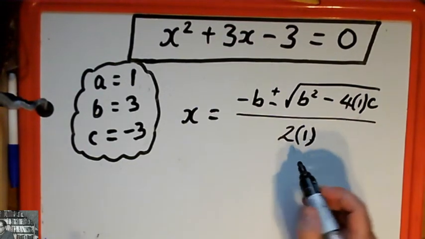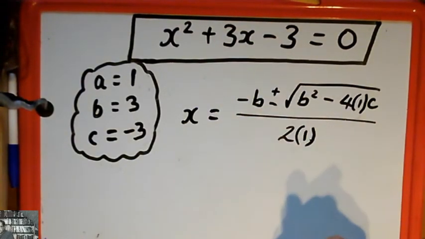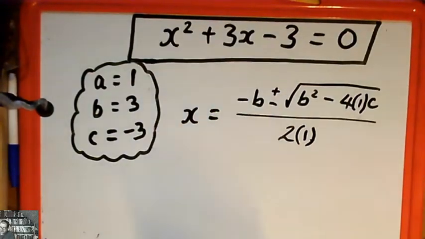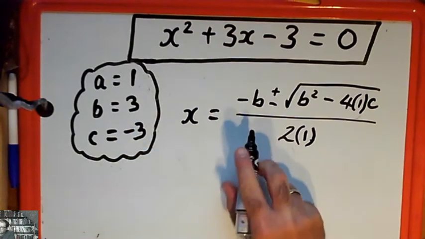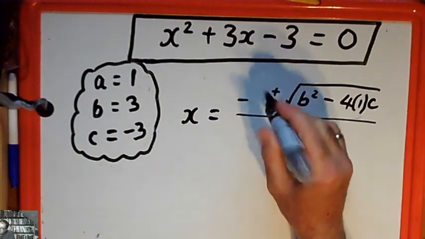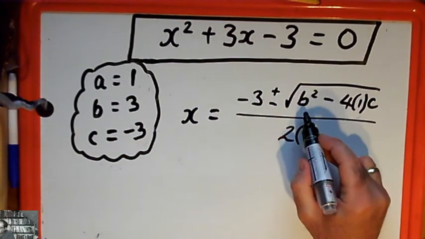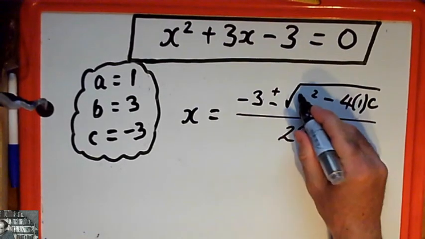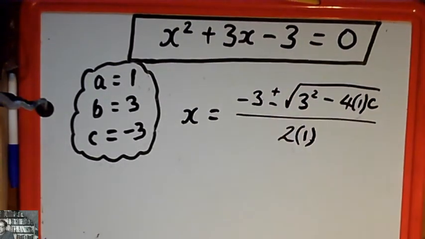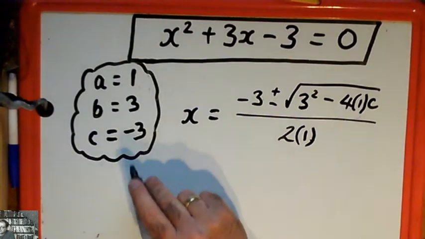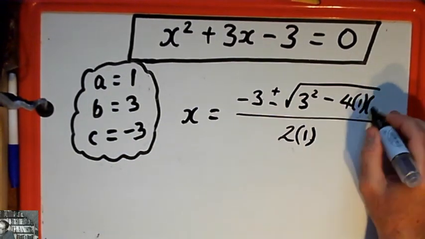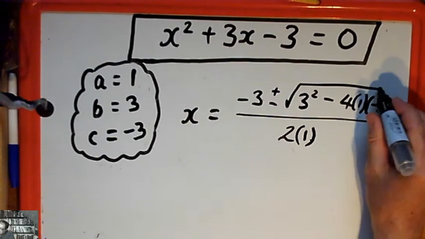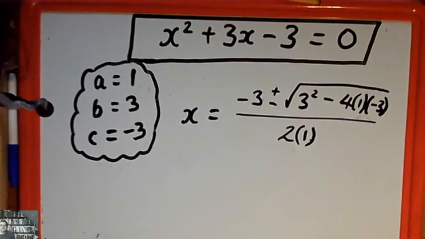I'm using the brackets rather than a cross for multiplication because that looks a bit too much like an x and it's confusing. b is 3, so minus b here becomes a minus 3. b squared becomes 3 squared, and that's all the b's. And then c is minus 3, so I'm going to replace this c here with a minus 3, stick it in brackets. And then let's try and simplify this.